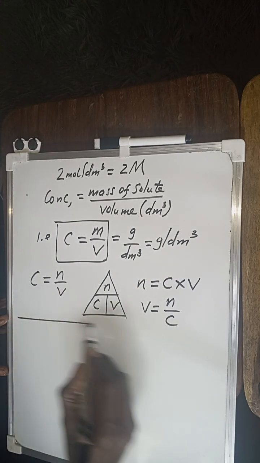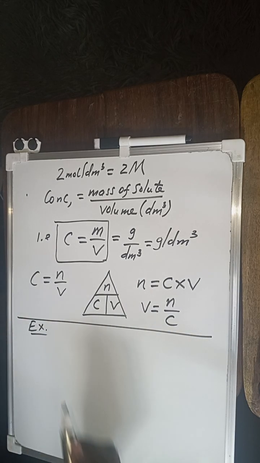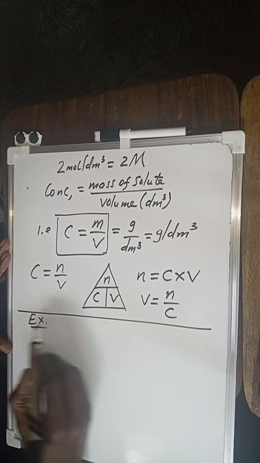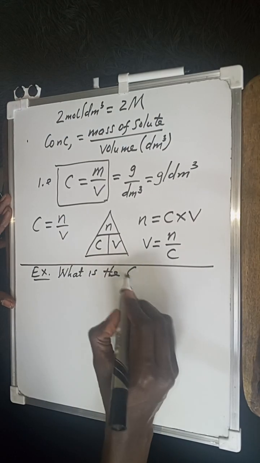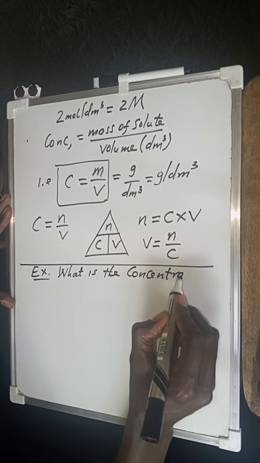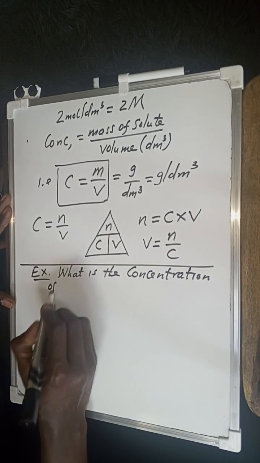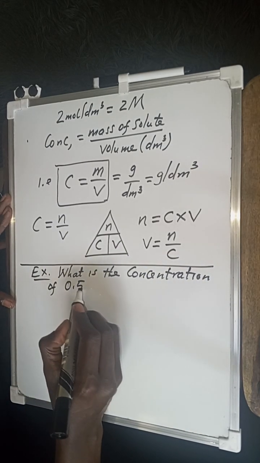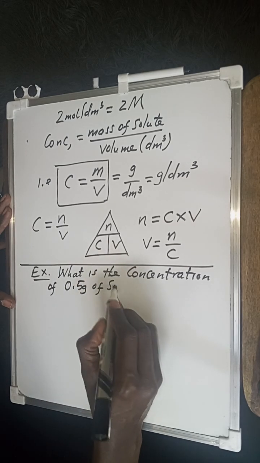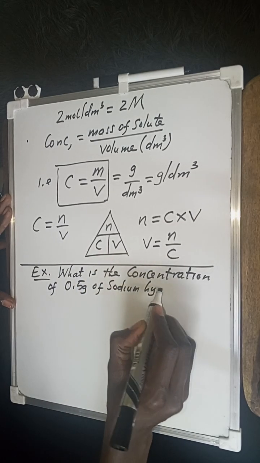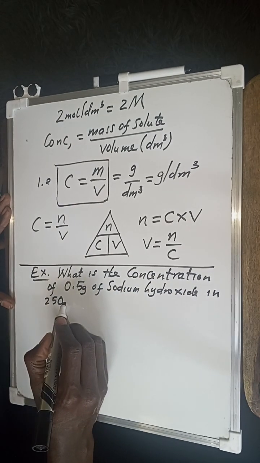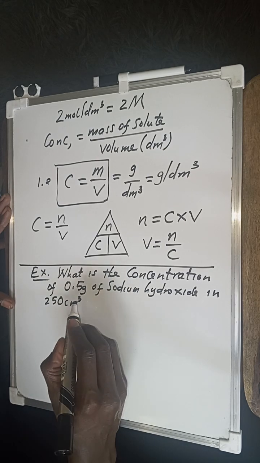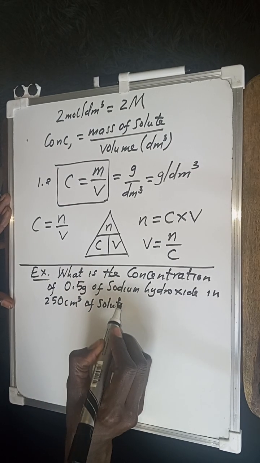But let's put up an example so that we show you how you can use this formula for concentration. For example, in the question, we can say, what is the concentration of 0.5 grams of sodium hydroxide in 250 cubic centimeter of solution?